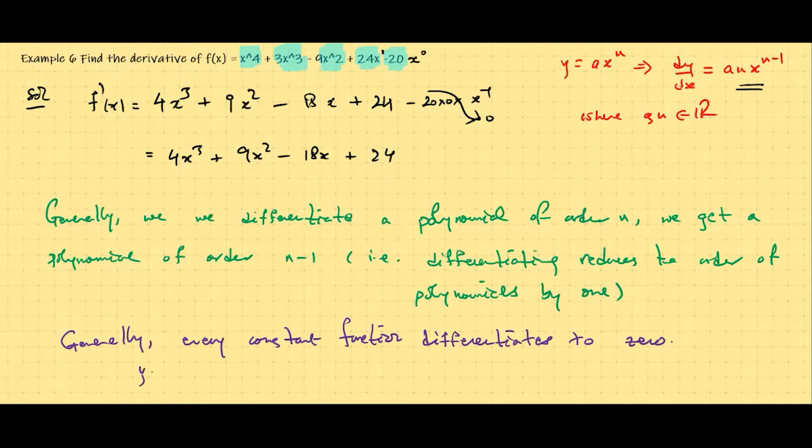So if I have something of the form y equals c, then the derivative with respect to x is just going to be 0, where c is some real constant. And of course, we've seen this already because the 20 actually goes to 0 when you differentiate it. Yeah, so with that, this example comes to an end.